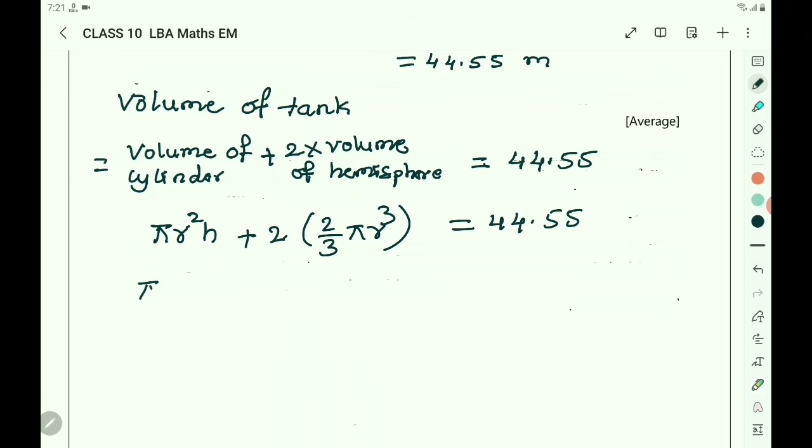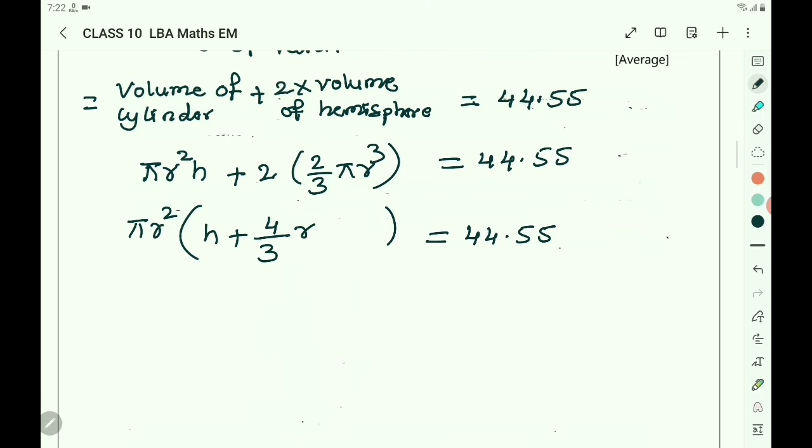So you write pi r square outside the bracket, and inside the bracket what is remaining? In the first term h is remaining. Here 2 into 2, 4 is remaining, 4 by 3 into r equals 44.55. Now you put the value of pi and r. h is not given, h is to be found out.